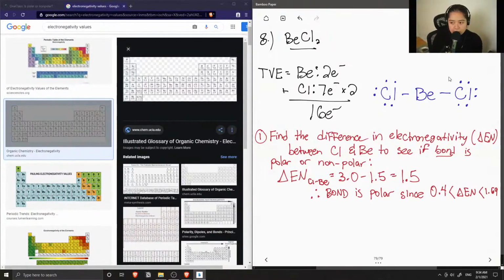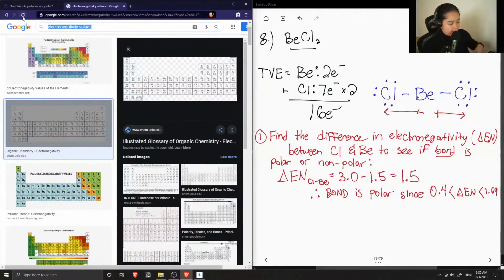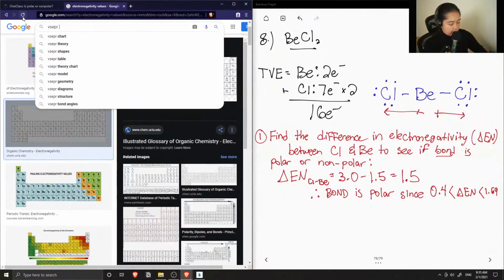So since we know that the chlorines are much more electronegative than our beryllium, we can draw dipole moments going towards the directions of the chlorines. But if we look at the VSEPR shape of this molecule, so let's also look up the VSEPR table.